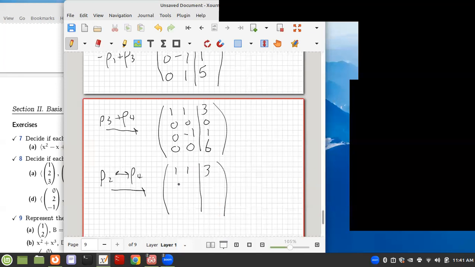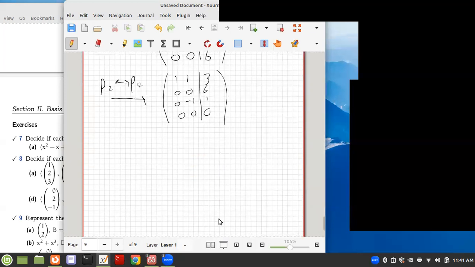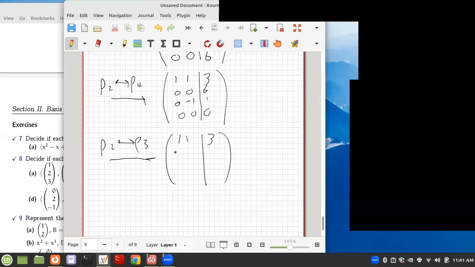I don't think so. So I'm going to have to do another swap formally, of row 2 with row 3, to get 1, 1, 3, 0, minus 1, 1, 0, 0, 6, and 0, 0, 0.